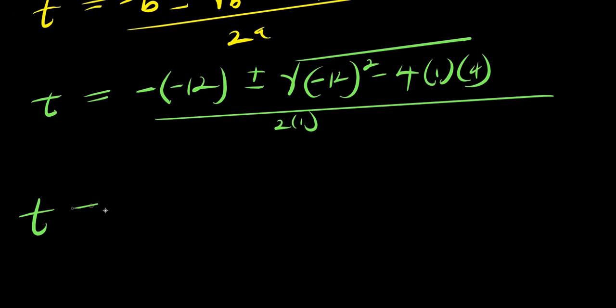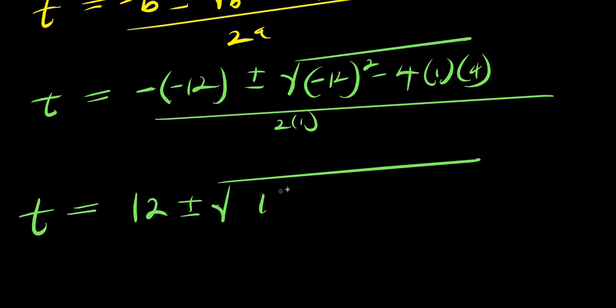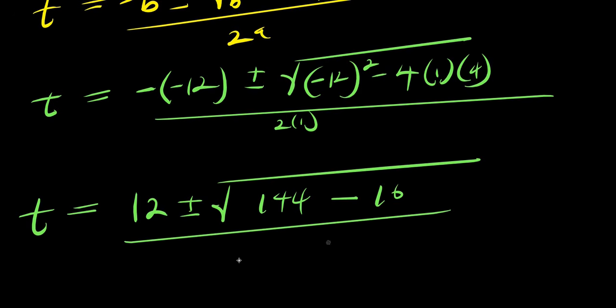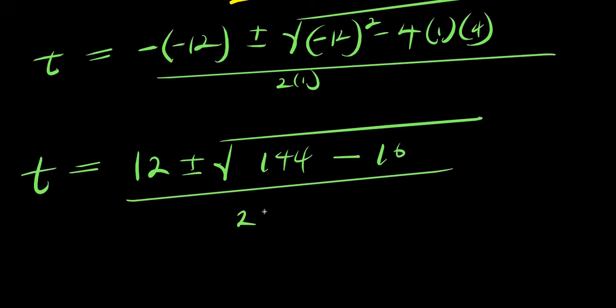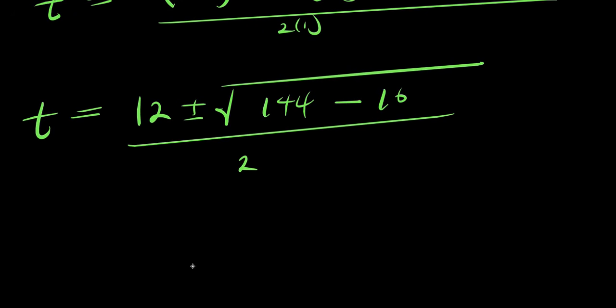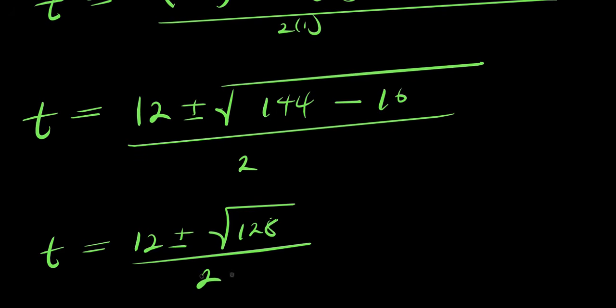So from here you have t equals 12 plus or minus square root of 144 minus 16, divided by 2. So from here, you simply have t equals 12 plus or minus square root of 128, divided by 2.